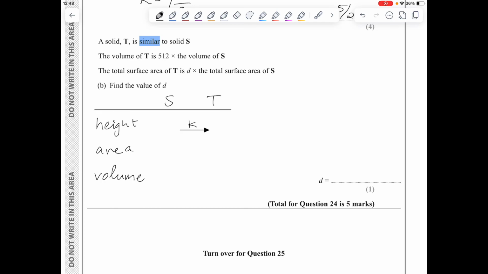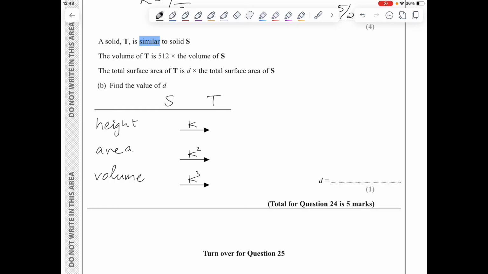So the scale factor for the area is K squared, and the scale factor for the volume is K to the power of 3. Note that K has nothing to do with the K I found in part A. This is a different K that denotes the scale factor of the height between solid T and solid S.